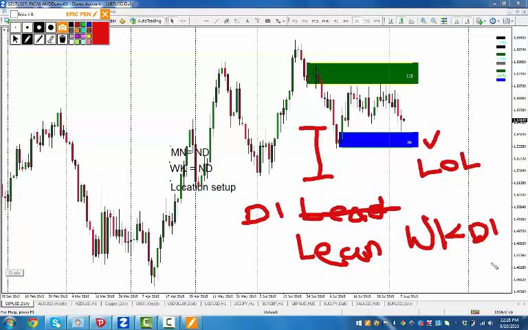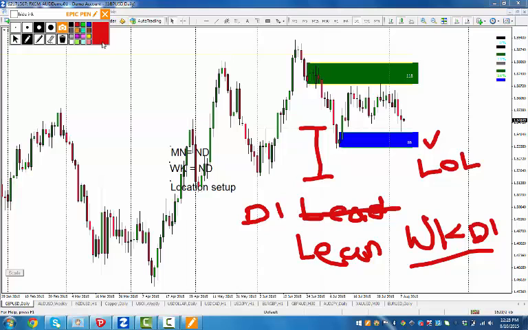We are borrowing the support from the higher time frame weekly. If we're going to buy here, this kind of concept is very important. We always want to buy at demand or sell at supply where the supply or demand has the advantage of leaning against a higher time frame.